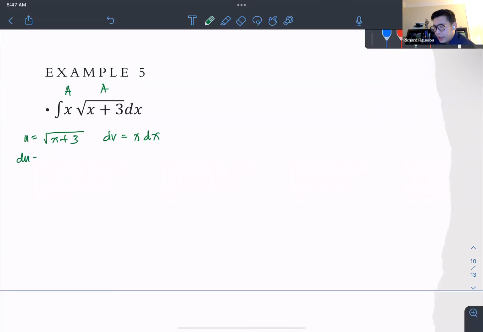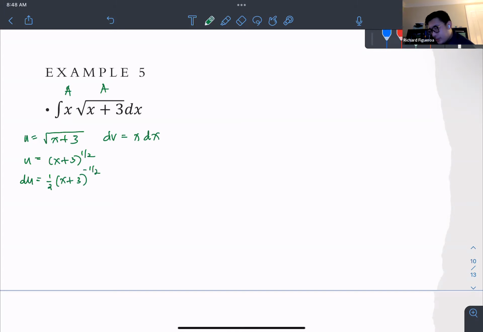So ang du natin yan. So rewriting our u, which is x plus 3 raised to 1/2. Kapag dinerive natin siya, that would be 1/2 x plus 3 raised to negative 1/2.